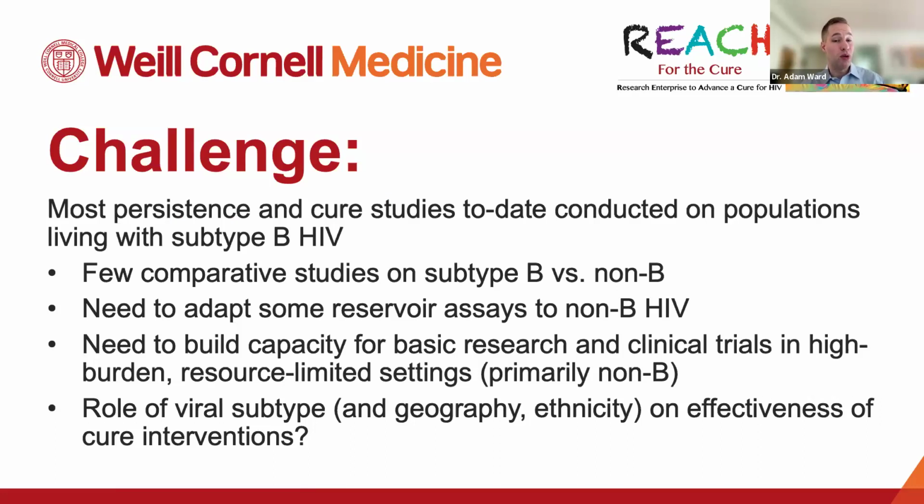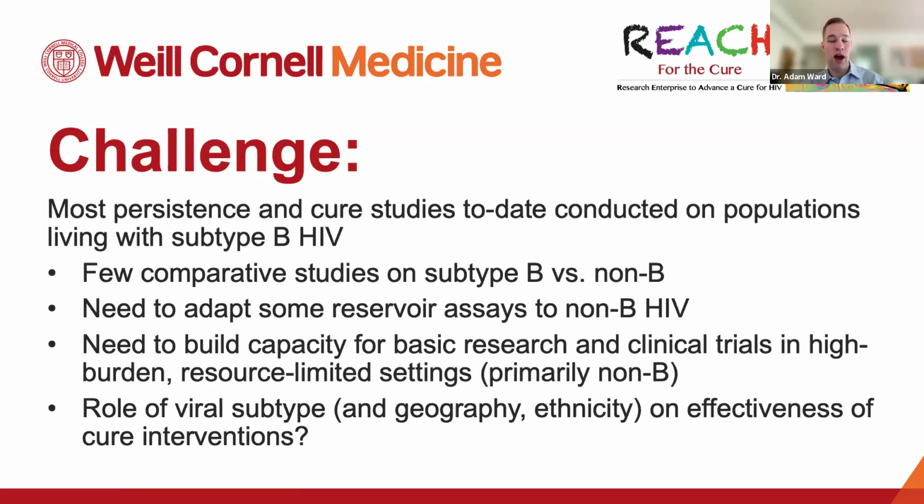We also need to build capacity for basic research and clinical trials in high-burden, resource-limited settings, which are primarily impacted by non-subtype B HIV. And then there's also an important question: what is the role of viral subtype and, relatedly, geography and ethnicity on the effectiveness of cure interventions? This is really unknown. The answers are unknown as of now.